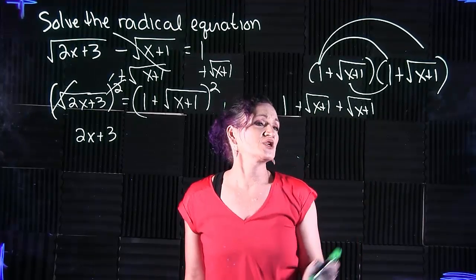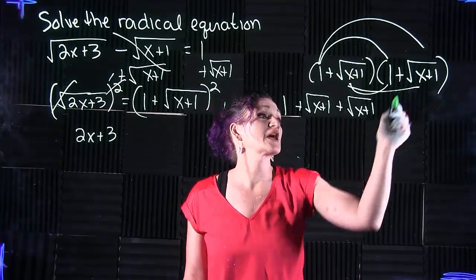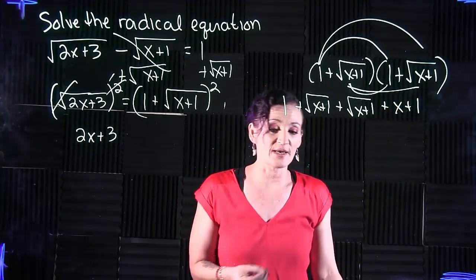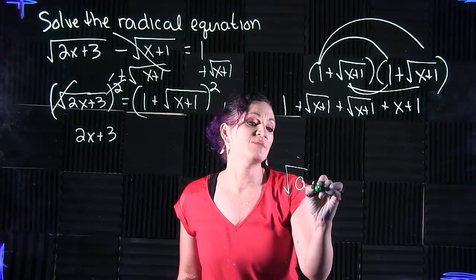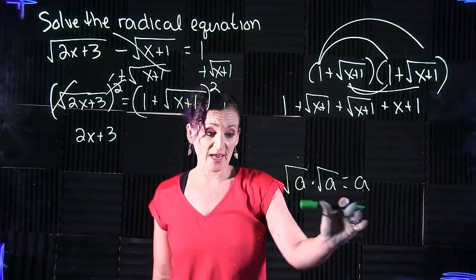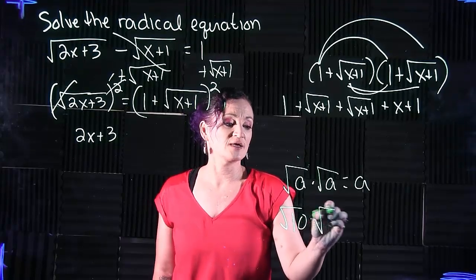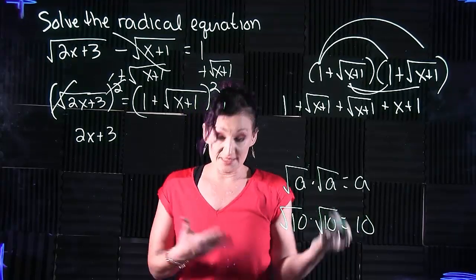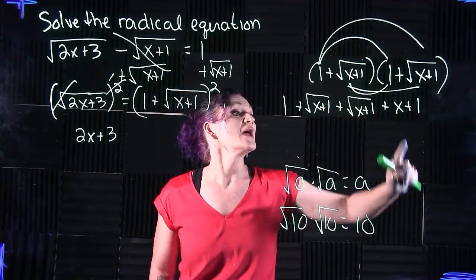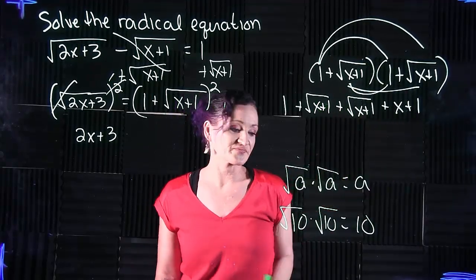And then last multiplication here, square root of x plus 1 times square root of x plus 1 is x plus 1. Keep in mind, the same radical times the same radical is just equal to the radicand. So like square root of 10 times square root of 10 is a 10. So square root of x plus 1 times square root of x plus 1 is just an x plus 1.